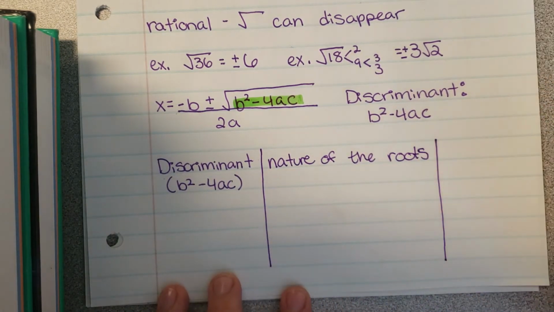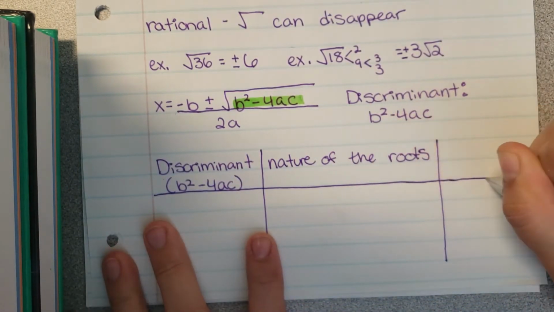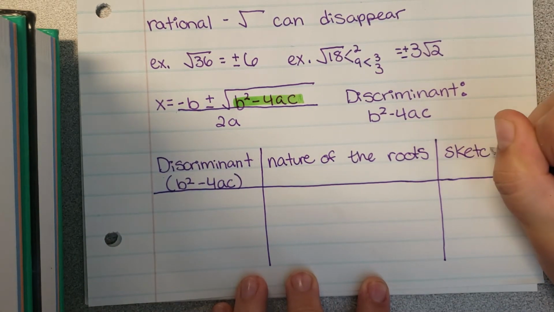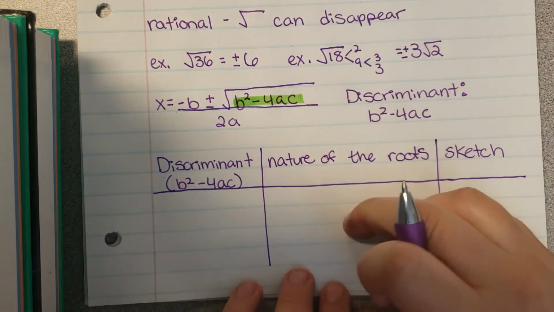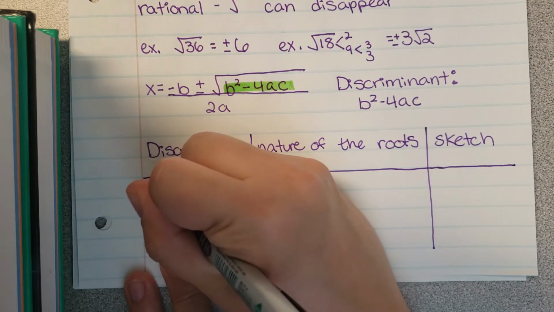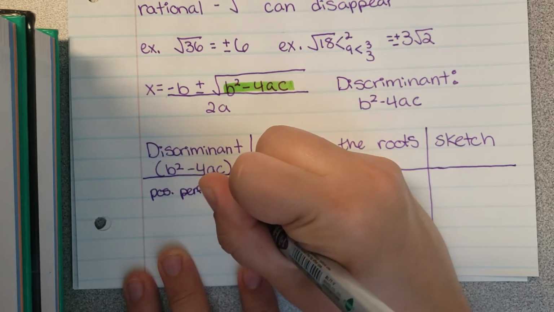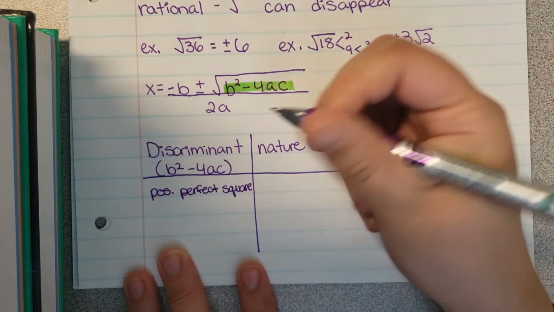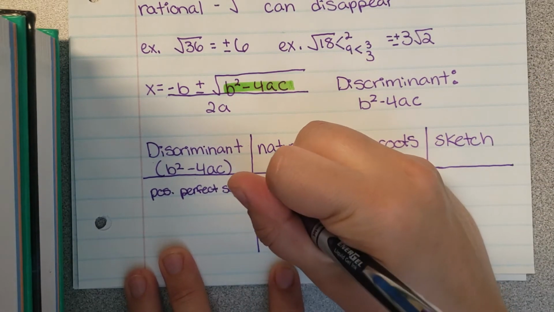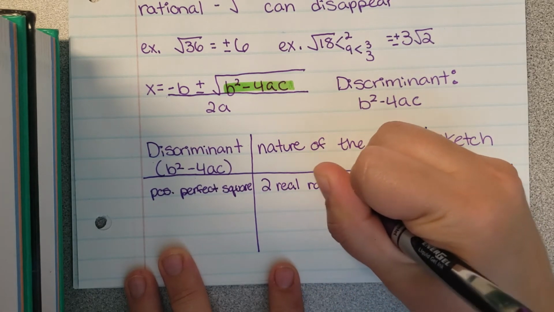Okay, so the first option that we have, and I'm actually going to add a little sketch to this, just a small one. Okay, so the first option we have for a discriminant is a positive perfect square. If b squared minus 4ac is a positive perfect square, then we are going to end up with two real rational roots.